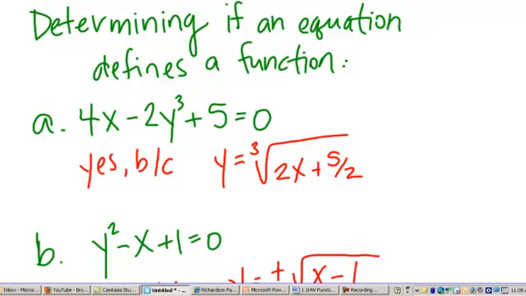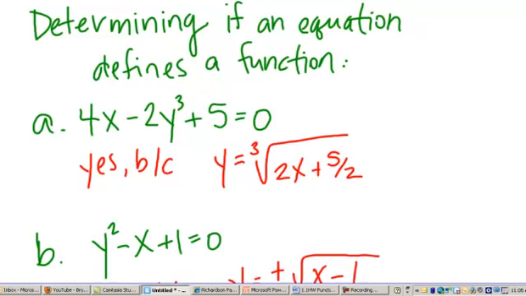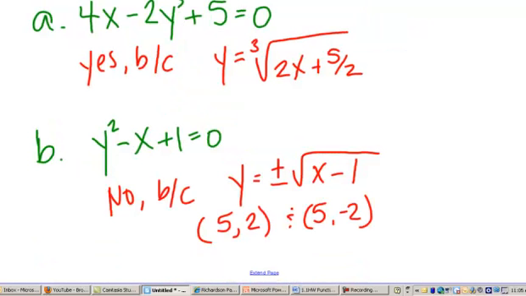Now, number 2. This is where people mess up. When we are solving for y in this equation, we get the square root. Okay? Is this a function? For those of y'all that said, no, it is not, you are correct. Because when you take a square root, you get a positive and a negative number.